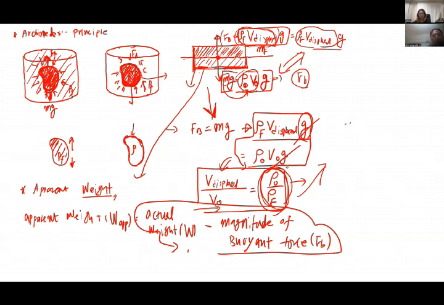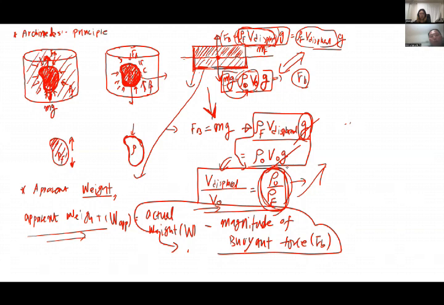But you have to make sure the apparent weight, which is the weight appearing in the fluid, is the same as the actual weight measured by the scale minus the magnitude of the buoyant force.